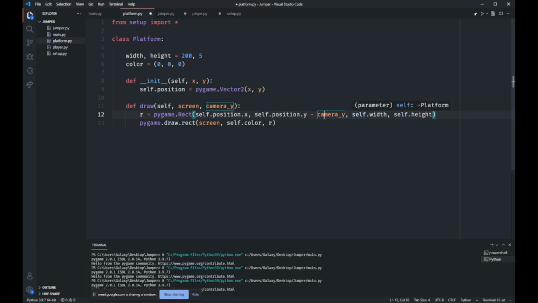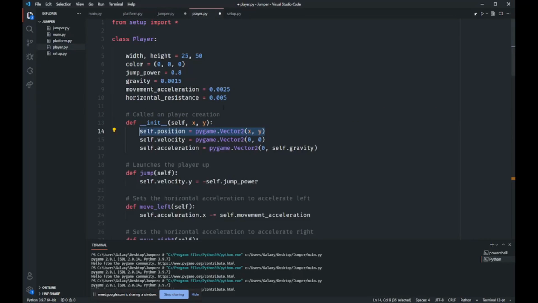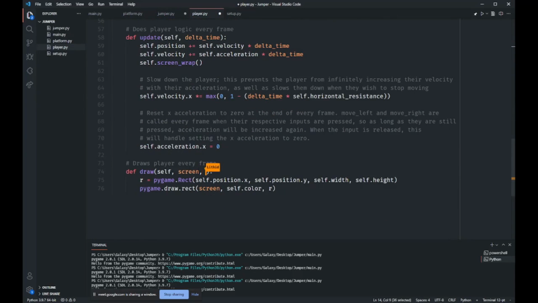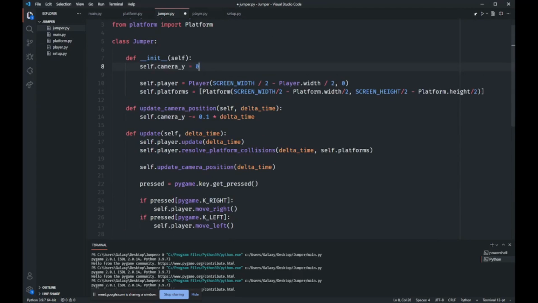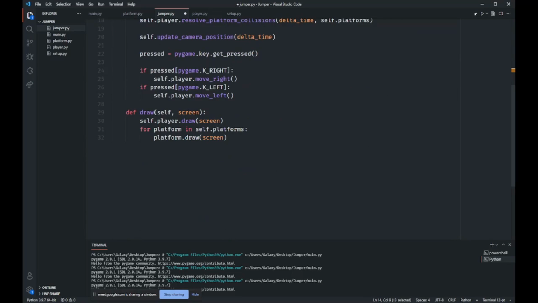Okay. So we've got that implemented, and then we're going to do the exact same thing in player. So in player draw, we're going to pass in camera Y, and then we're going to subtract camera Y from the Y position. And this is the exact same thing. And once we have that in jumper, since we're updating this camera Y and we're calling this, all we have to do is pass this camera Y into every time we draw.